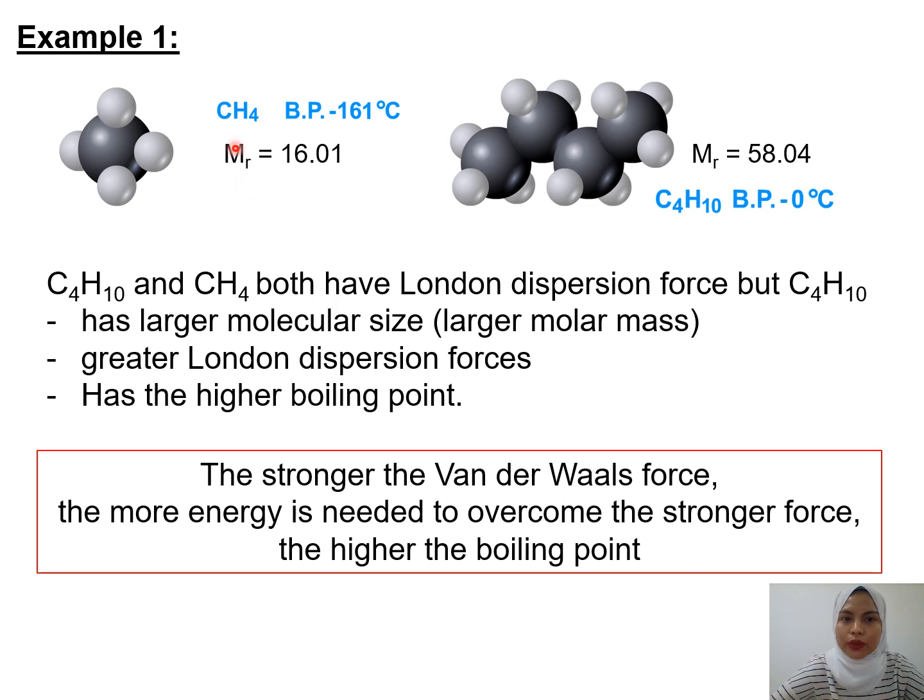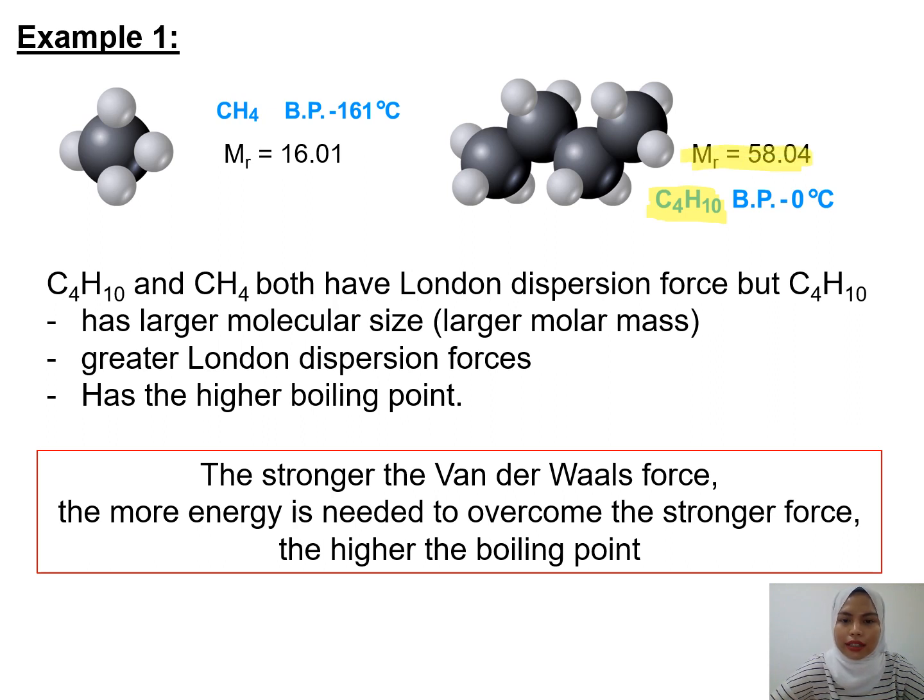Sebagai contoh, kalau you ada molekul CH4, the molar mass of CH4 adalah 16. So how do you calculate molar mass of CH4? You tahu karbon berat dia 12, hidrogen berat dia 1 kali dengan 4. Therefore 12 campur 4 dapat 16. Okay, so molar mass untuk C4H10 pula ialah 58. Okay, so who has the higher molar mass here? Of course, C4H10 with a molar mass of 58.04.